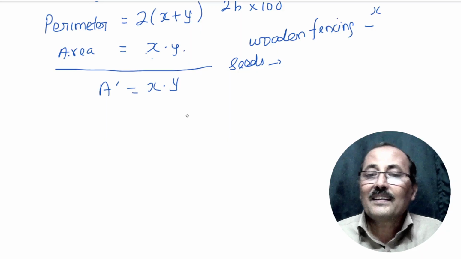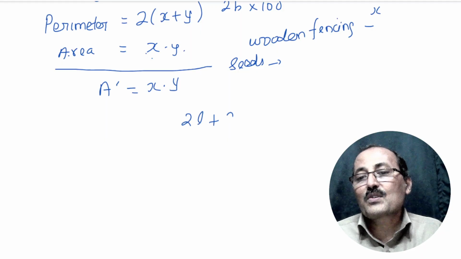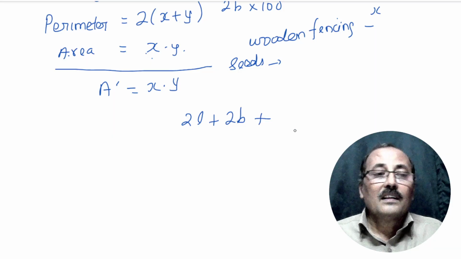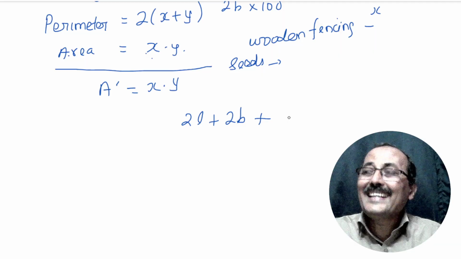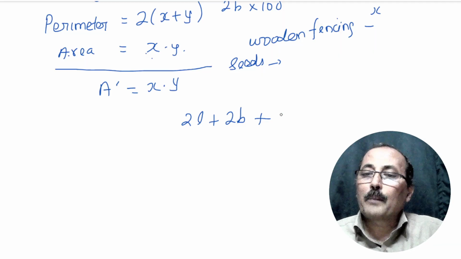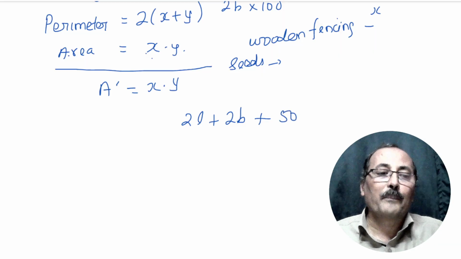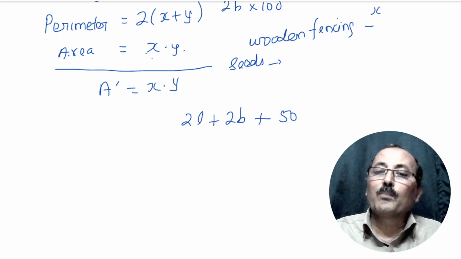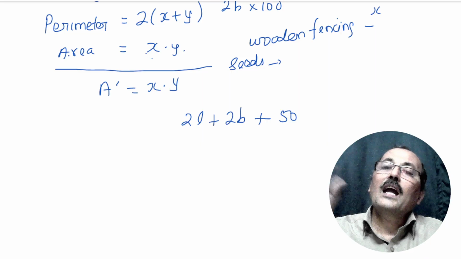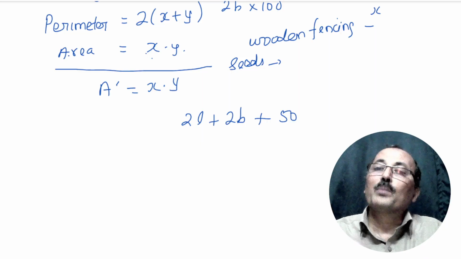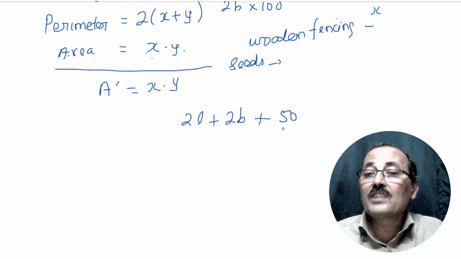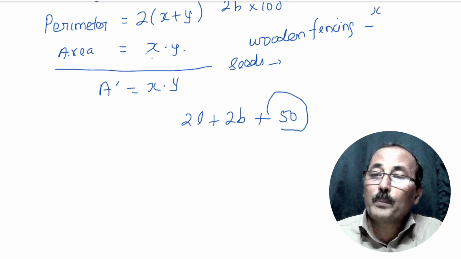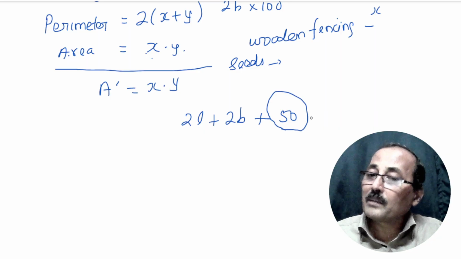2L plus 2B plus the cost of sowing, suppose it is just seeds and labor, 150 or 100 something, that's all. So 2 length plus 2 breadth plus 50. How much area are they going to sow? If they say 50 rupees per square meter, then LB will come.